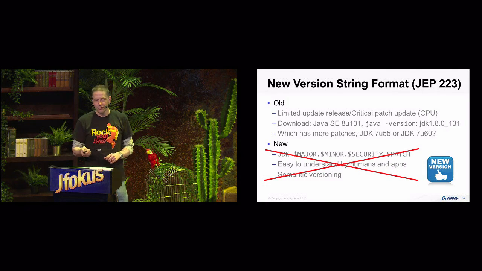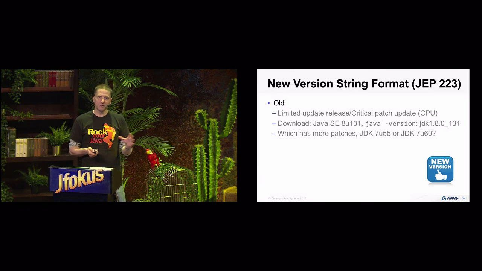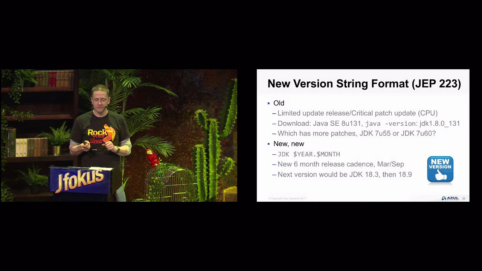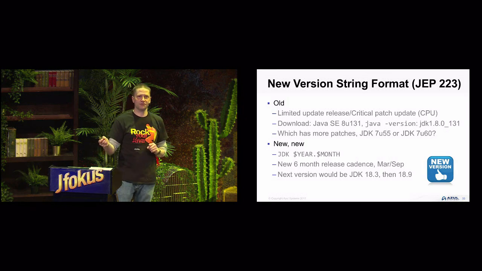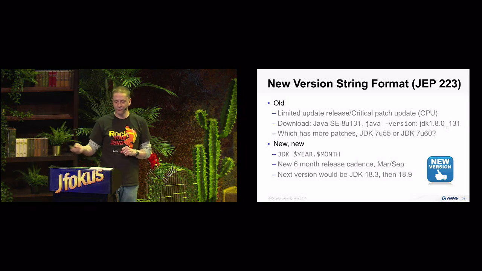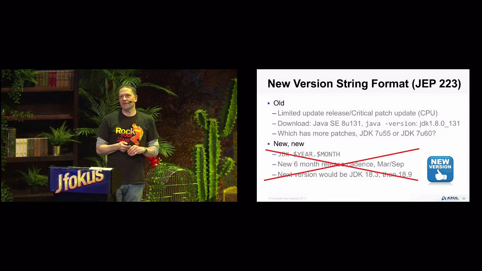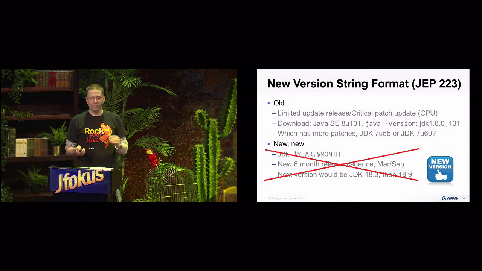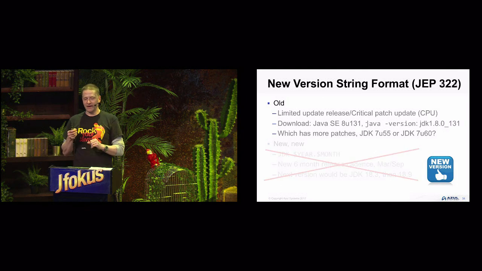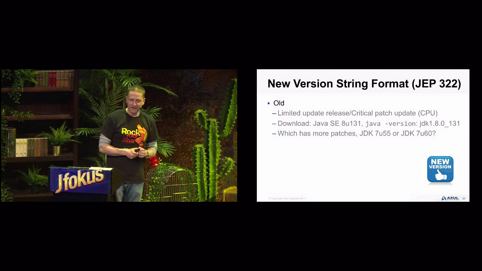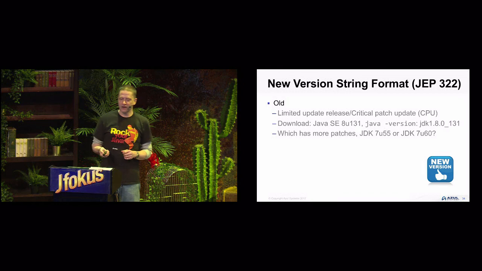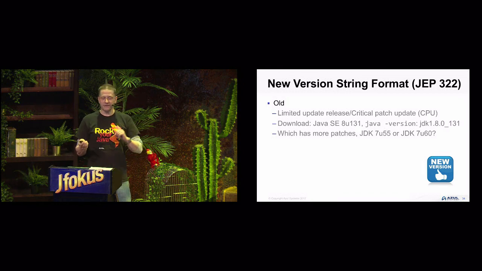Because we're switching to a six-month release cycle, why don't we use a date? So we'll have JDK year.month. The next release would be JDK 18.3, then 18.9, and so on. No, don't like that, because people really didn't like that idea. So now we have another new version string format, which is very much like the one we have for JDK 9, but subtly different.